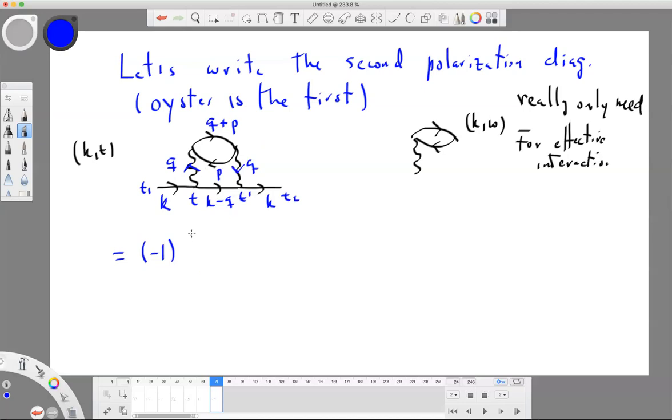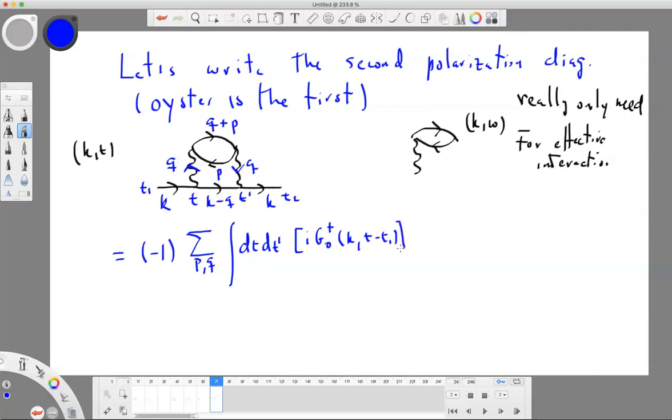So we have now a summation over the internal variables. We have a summation over P and Q. And then we have an integration over the intermediate times. And then we start just writing out the propagators. So we have the first propagator, this one coming in, so i G0 plus, K between t and t1.